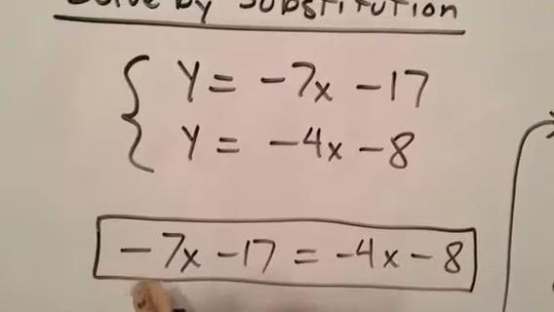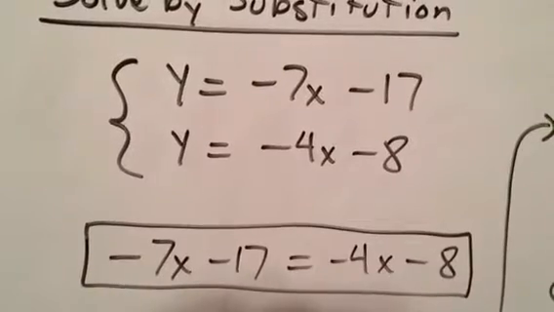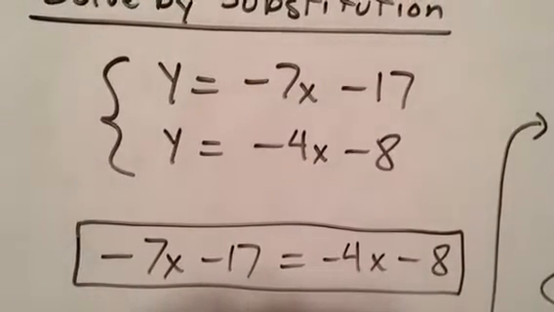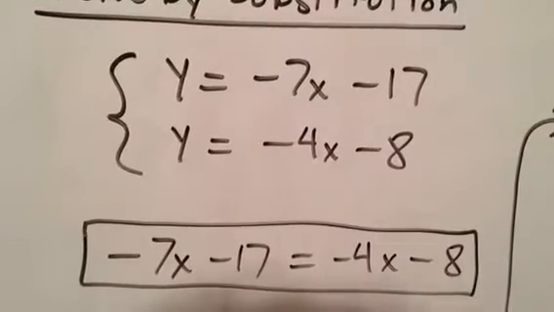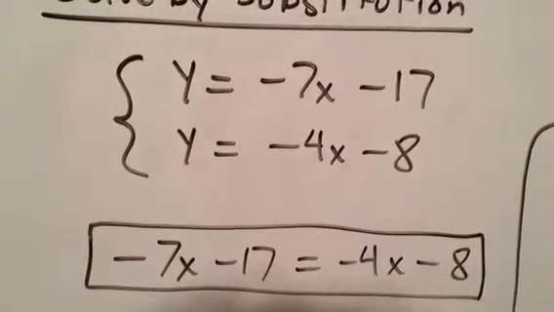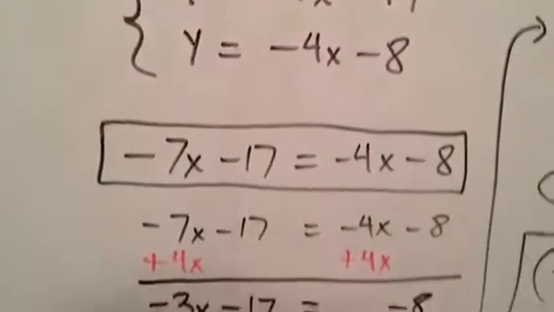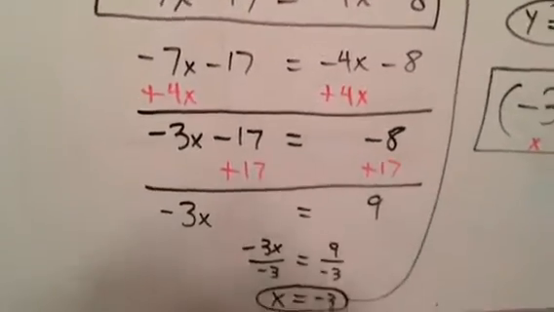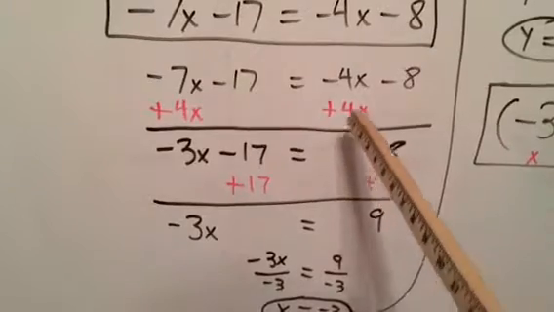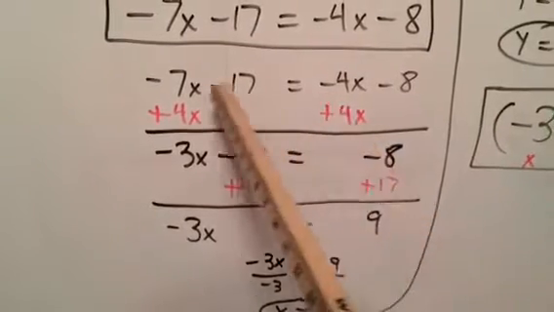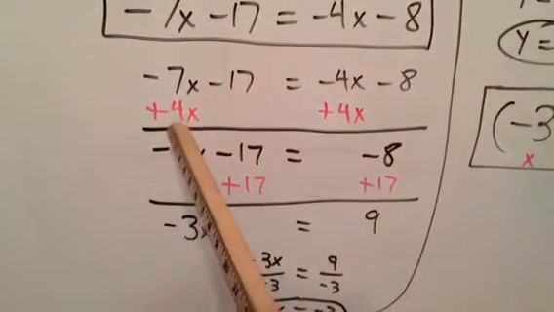And now we have an equation that we can solve for x and figure out the value for x because we know how to solve one variable equations. To solve for x, we will do the following. My first step is I'm going to move the x's over to this side of the equation.